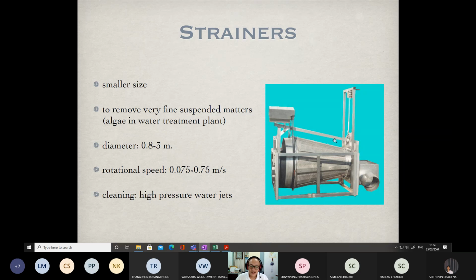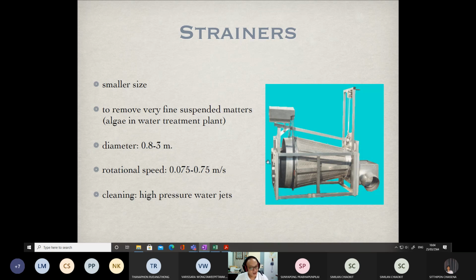The high pressure water jet is injected from outside, so that the trash stuck in the opening areas will be removed, and then we take it out from this side.